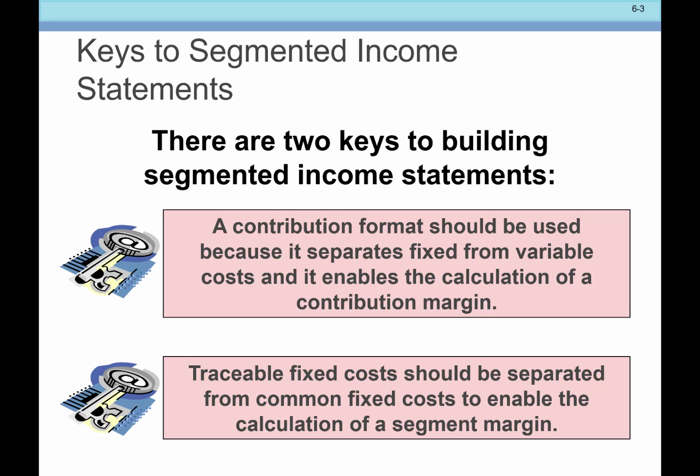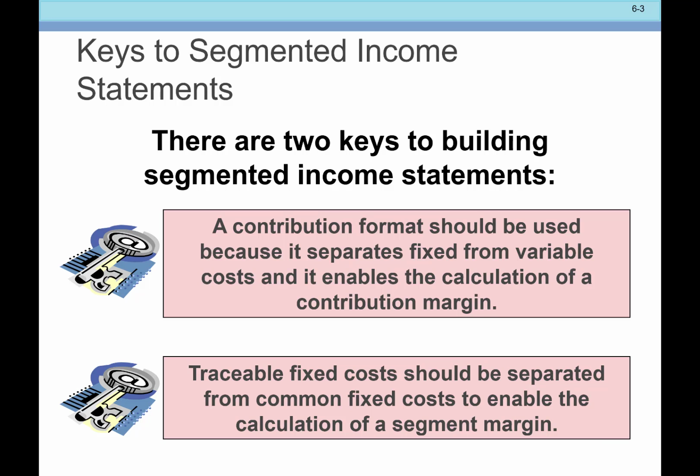What we're interested in is to what extent that segment contributes to the overall profitability of the company. If a segment contributes to overall profitability, then we like that segment, don't we? We'll say let's keep it, because if we get rid of it, the overall profit of the company goes down. Or we could say we're going to pump most of our resources into the segment that gives us the highest contribution.